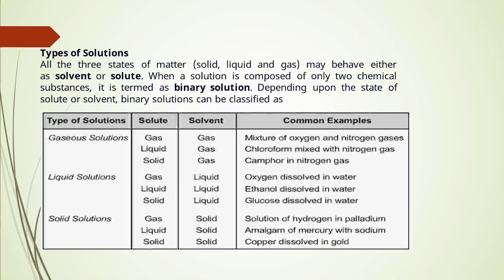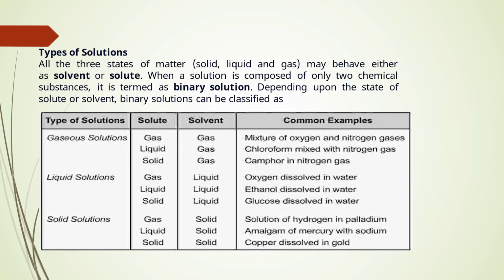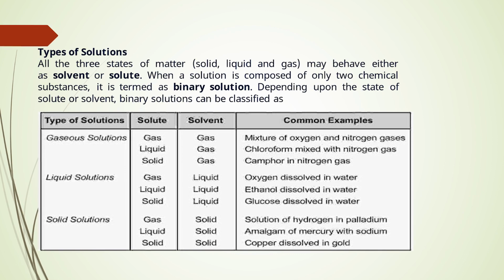Example, gel, jelly, etc. Ninth, solid as solute in solid as solvent. Example, colored glass. So, we can see that solutions make our world beautiful, isn't it? Oh yes. Now, we are moving to the next level, that is concentration units.